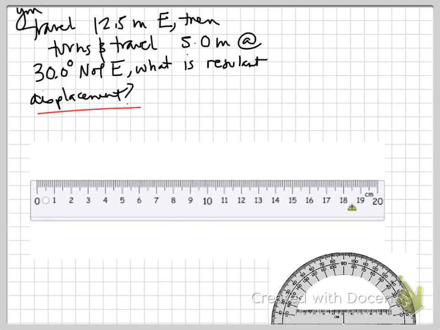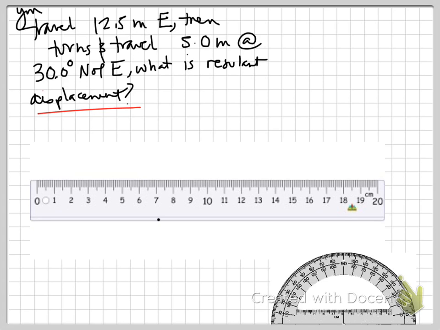I very often use really easy scales like 1 centimeter equals a meter, 2 centimeters equals a meter, which keeps the math fairly simple, or 1 centimeter equals 10 meters, so a 60 meter vector is 6 centimeters. You want to keep the scaling easy for yourself.